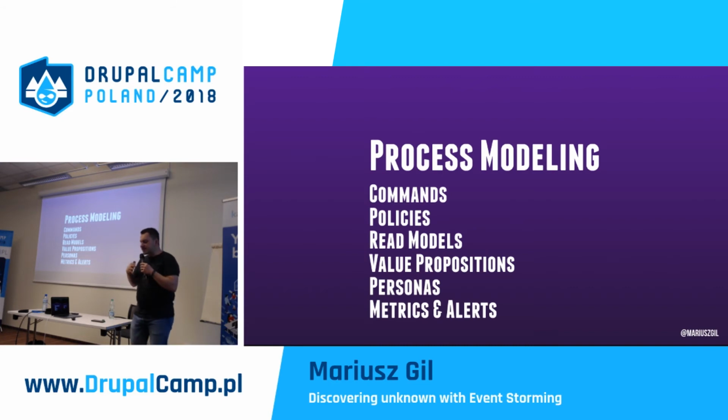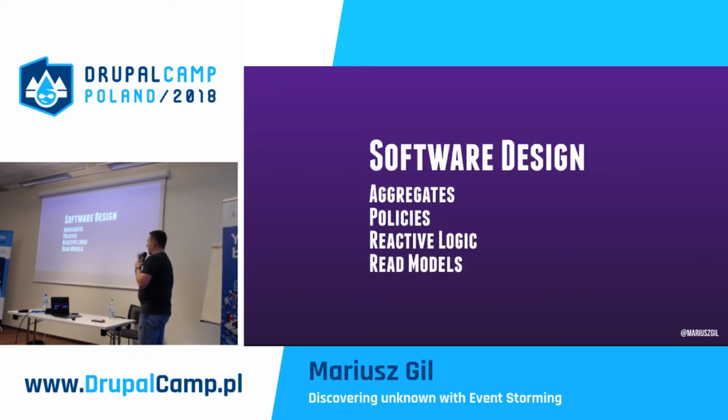You can extend your model with some business goals, for example, with metrics, because if you've got an event, you can start to measure it. For example, how often this event is introduced in our system. And finally, you can perform some software design, like aggregates, read models, reactive policies, using CQRS, event sourcing, and whatever.